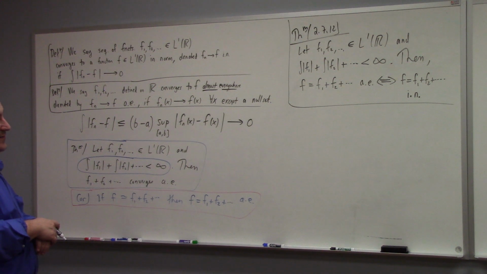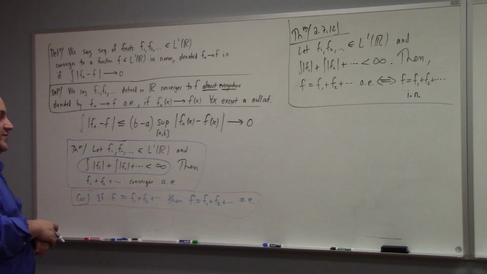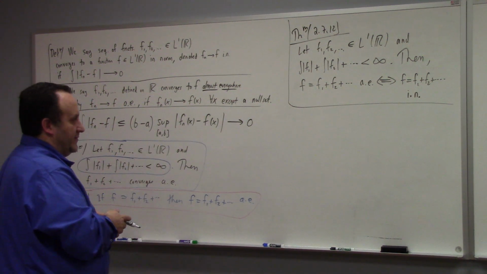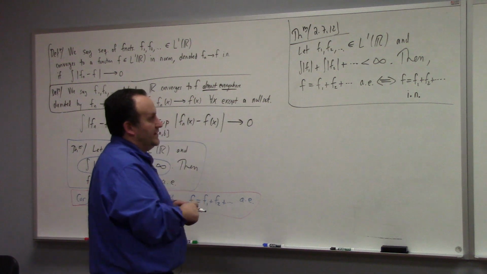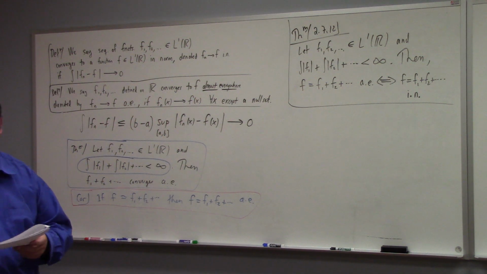So if we have a bunch of Lebesgue integrable functions such that the series formed by the integrals of their absolute values is less than infinity, then the series built from these functions converges almost everywhere to the same function that they converge to in norm. So here we have an agreement between the almost everywhere concept and the in norm concept. The proof doesn't look too bad.